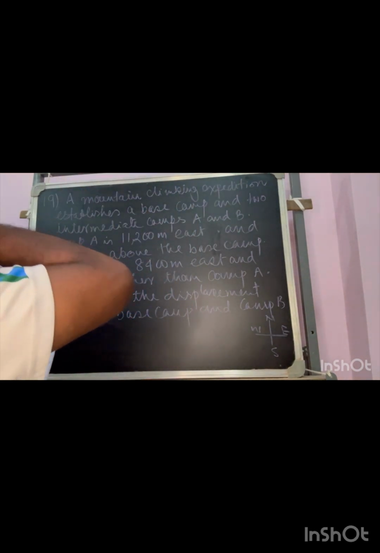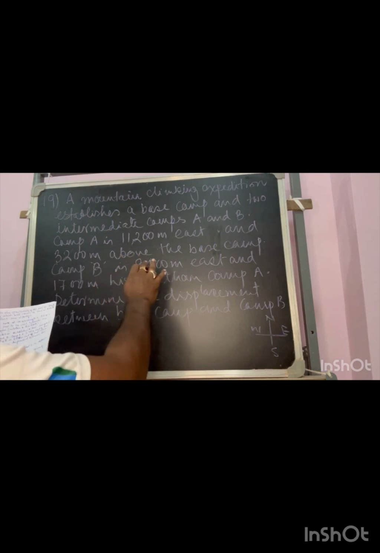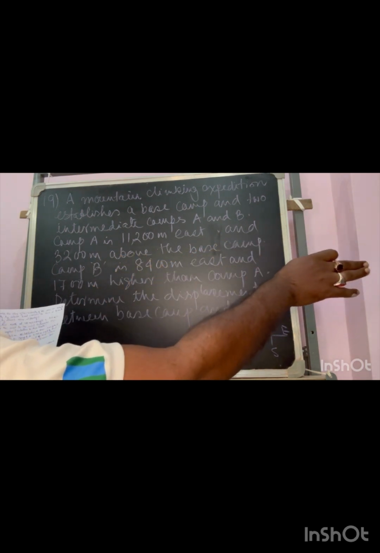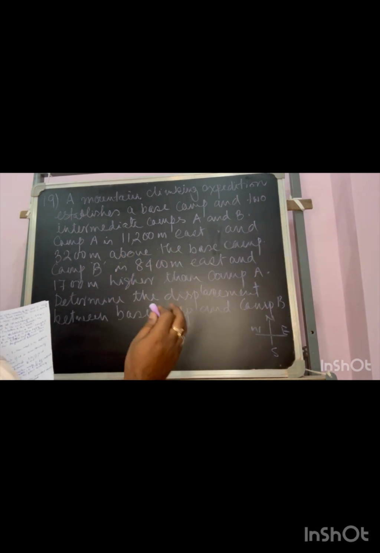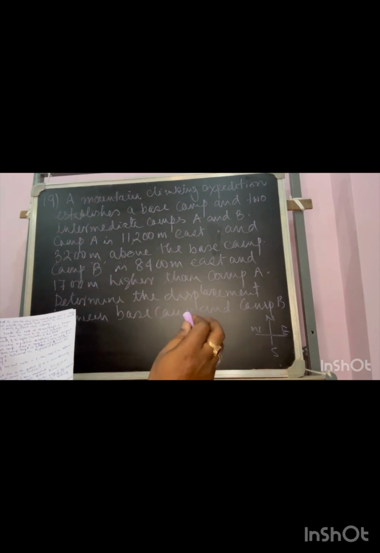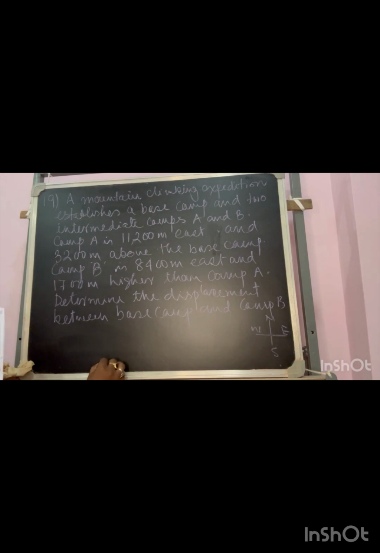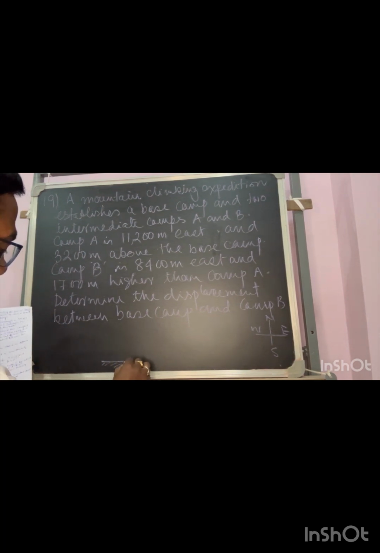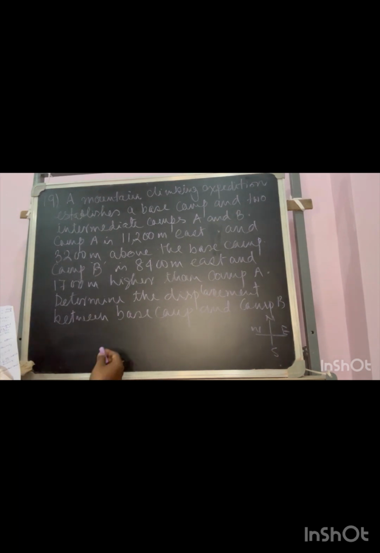Camp B is this much east and 1,700 meter higher than camp A, with respect to camp A. So there must be a base camp; I'm taking it as base camp C.